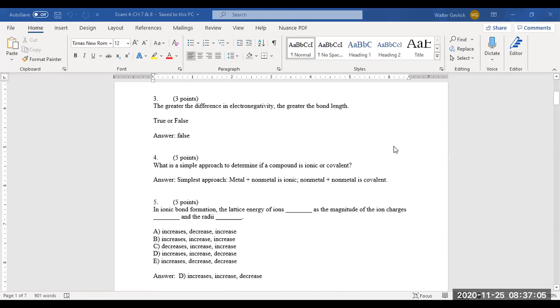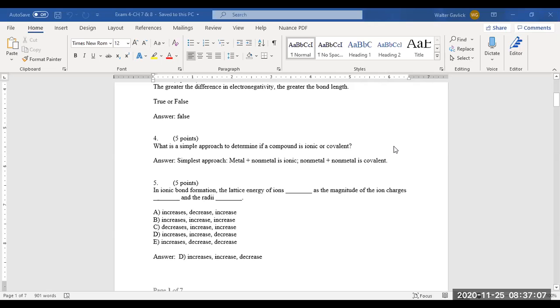Number 4, what is a simple approach to determine if a compound is ionic or covalent? The easiest way is, in general, if it's a metal plus a non-metal, it's ionic. If it's a non-metal plus a non-metal, it's covalent. Number 5, in ionic bond formation, the lattice energy of ions increases as the magnitude of the ion charges increases and the radii decrease.